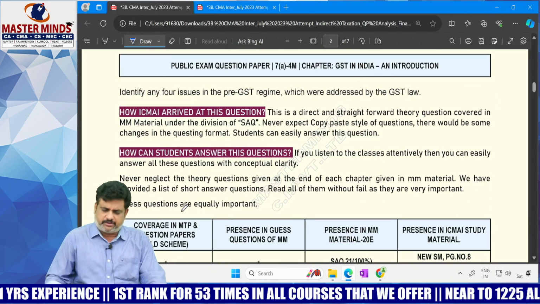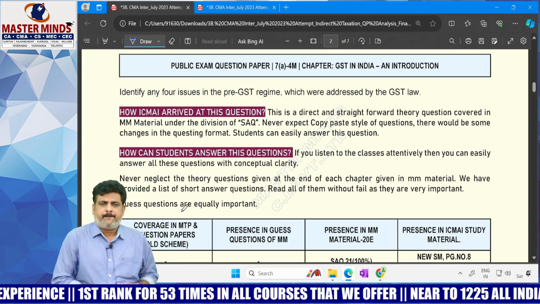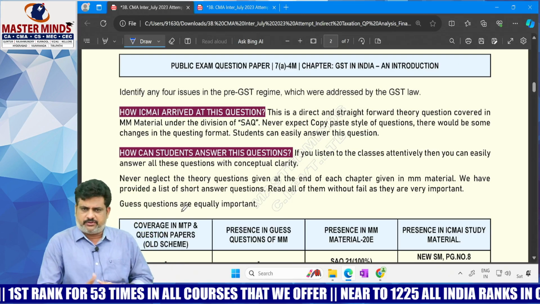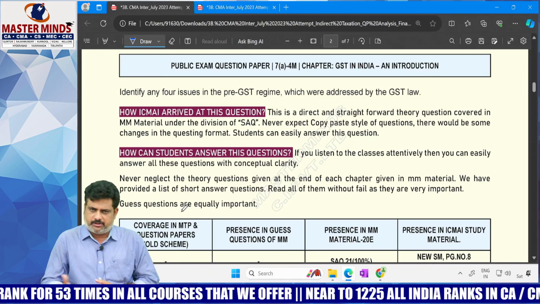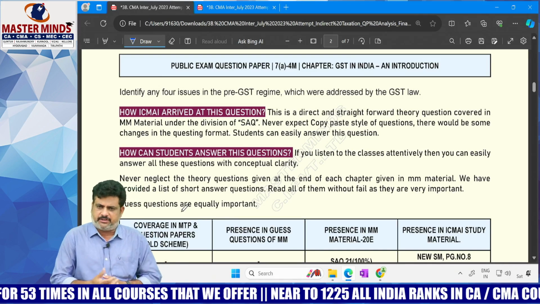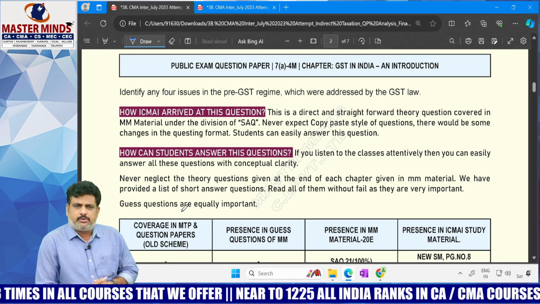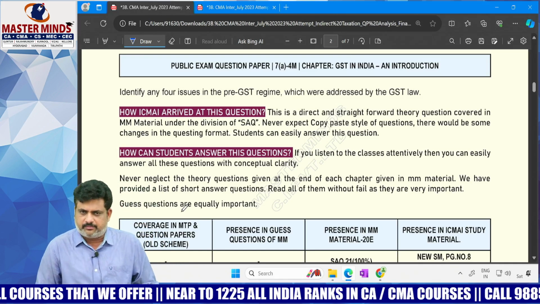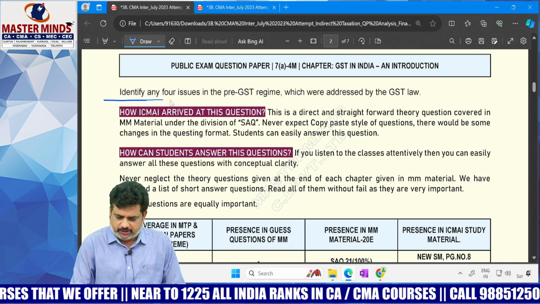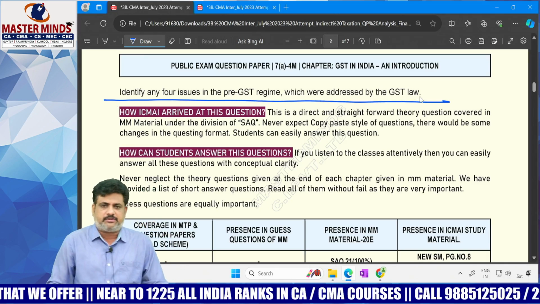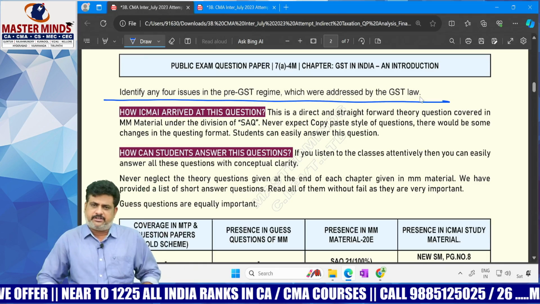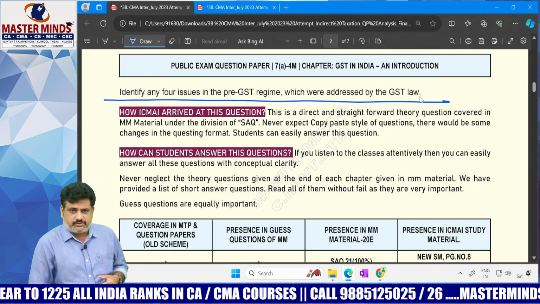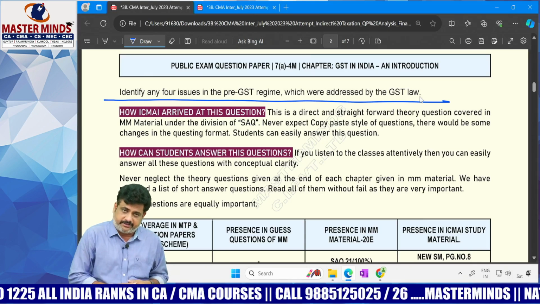Now see the question paper, descriptive one, 7A, 4 marks. It was asked from chapter number 1, GST in India, the introduction part. So, identify any 4 issues in the pre-GST regime which were addressed by the GST law. Very much basic question. It is a direct and straightforward theory question, which is also covered in our Masterminds material.